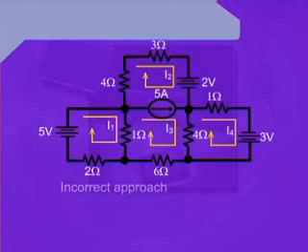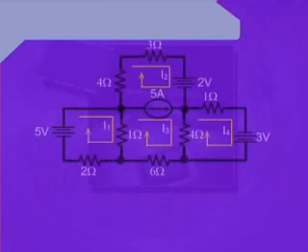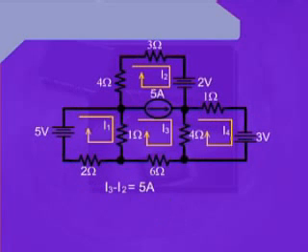Now, to start with, we can write I2 is equal to minus 5 amperes, or we can write I3 is equal to 5 amperes. Therefore, we can write I3 minus I2 is equal to 5 amperes.